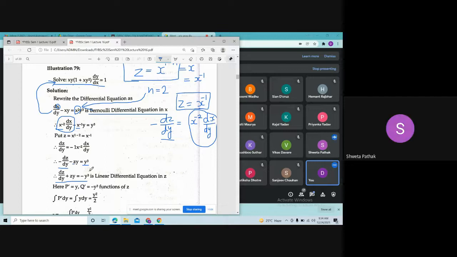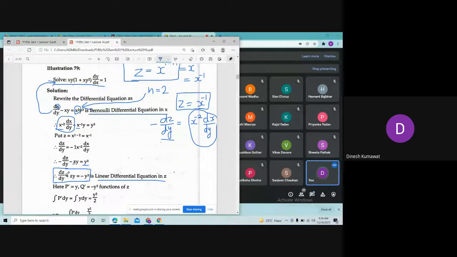Yes, sir. Now observe whether we have converted the given Bernoulli's differential equation into a linear differential equation or not. Yes, sir. We converted. So this is the linear differential equation in z.